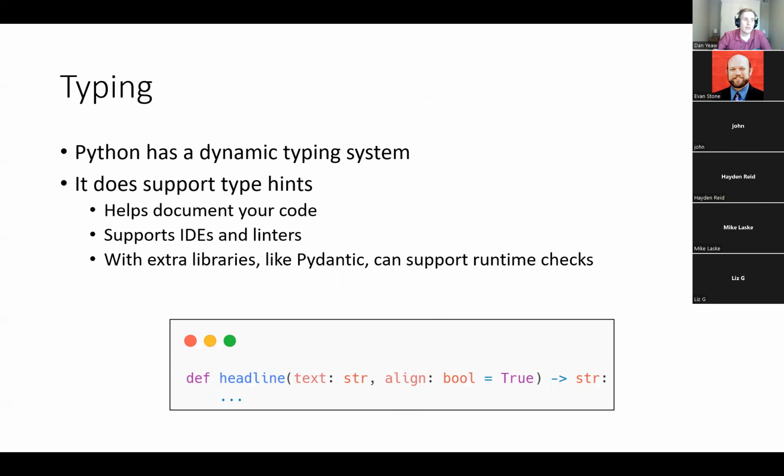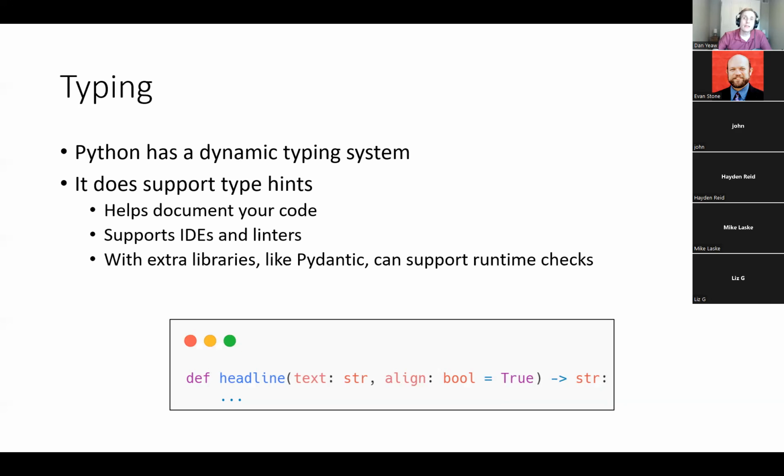That's different than a statically typed language where you have to statically define what each type is, whether it's a float or an integer or a string or some other data type. And those static typing languages check that all your types are correct during compile time. Python doesn't do that. It's got this dynamic typing system, which is also very flexible because you can override things dynamically, right?